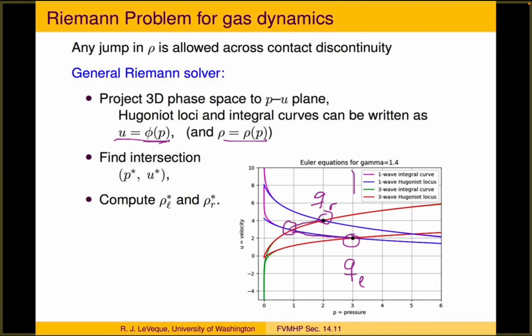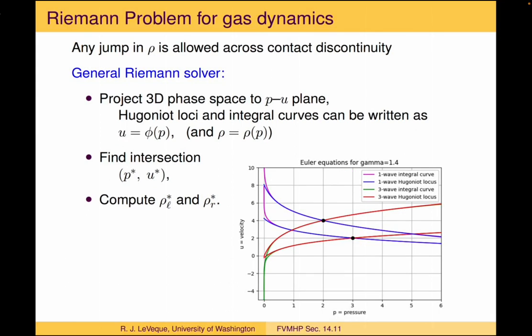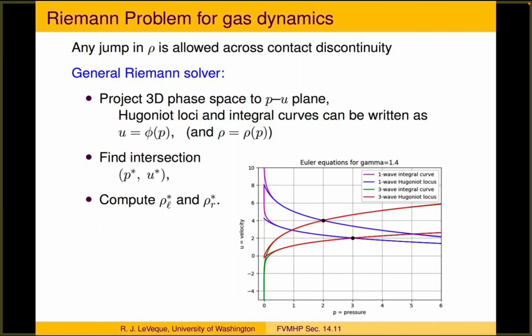If this is the orientation of QL and QR, then QM would be the state where one of these one-wave curves coming from QL intersects the appropriate three-wave curve coming from QR. Or if I switch these states and call the one on top QL and the one down here QR, then we would need a one-wave connecting QL to some intermediate state over here, and then a two-wave would connect that state to QR.